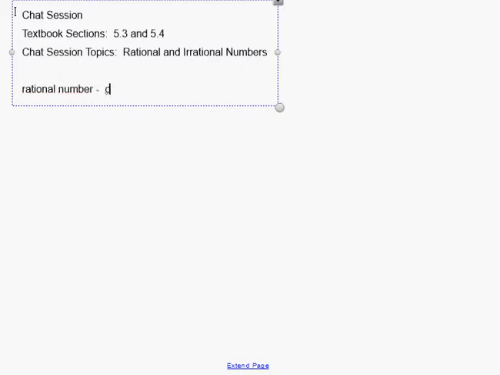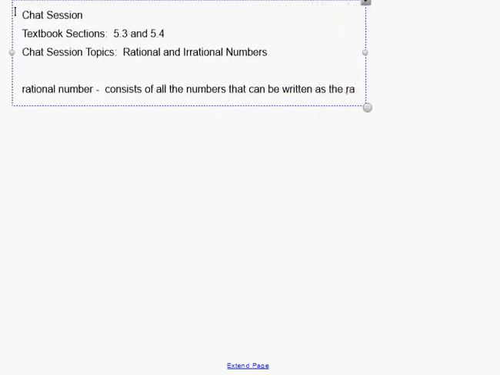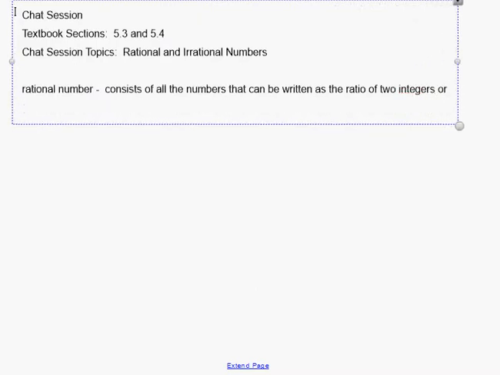A rational number consists of all the numbers that can be written as the ratio of two integers, or already is written as the ratio of two integers.